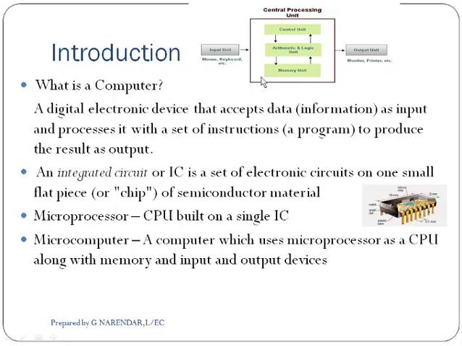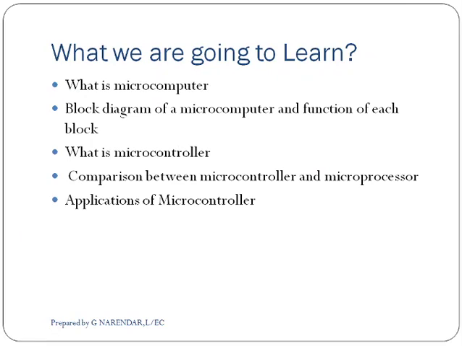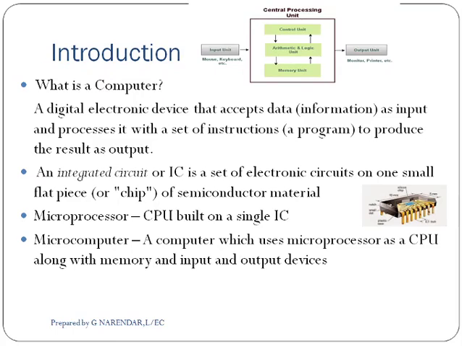But what is a microcomputer? What is the difference between a computer and a microcomputer? The difference lies in your CPU. The CPU has a control unit, arithmetic logic unit, and a memory unit.